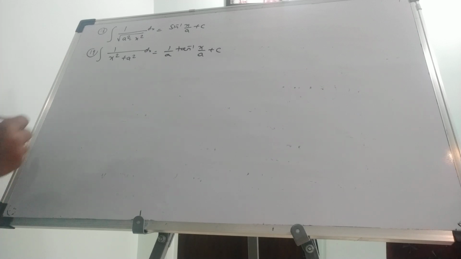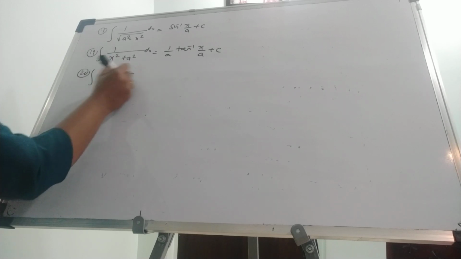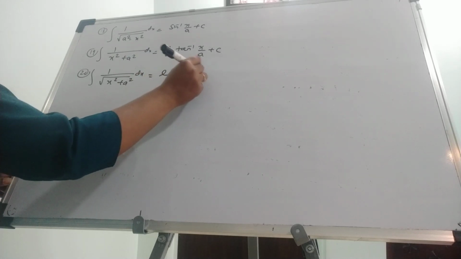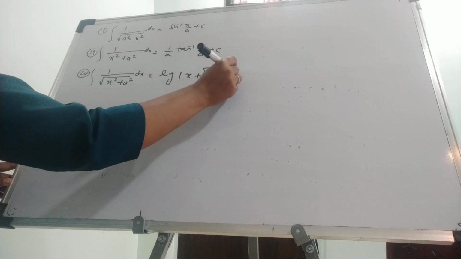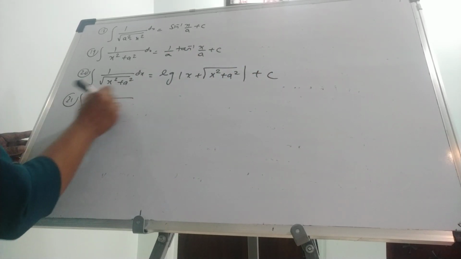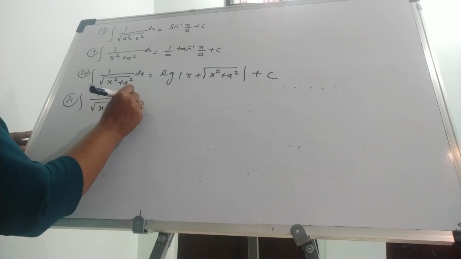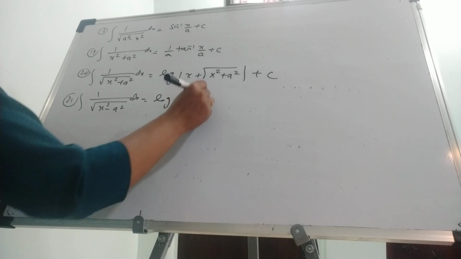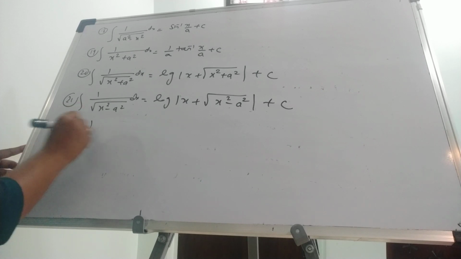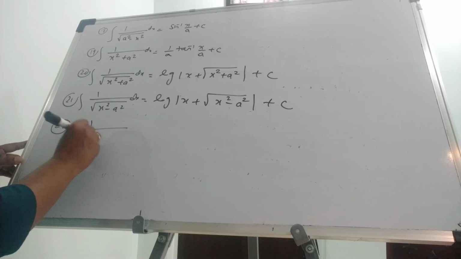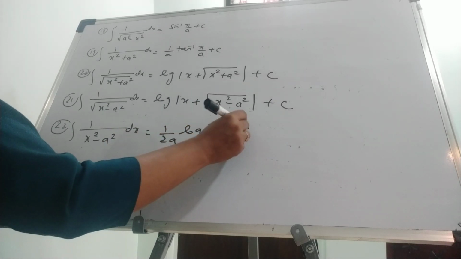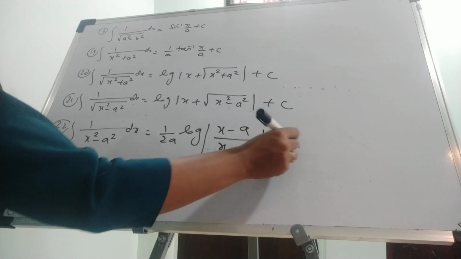Now next is 1 upon root of x square plus a square, log of x plus root of x square plus a square. 1 upon under root of x square minus a square is log of again x plus root as it is. Then 1 upon x square minus a square is 1 upon 2a log of x minus a upon x plus a plus c.